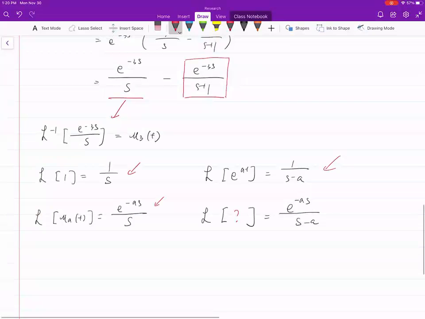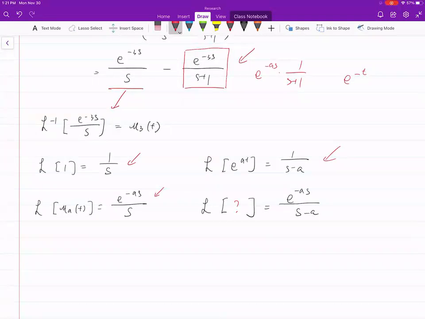Now we have something like this. What is this? It is 1 over s plus 1, which is something we know. This one goes to e to the negative t, right? Okay. Times another term, e to the negative 3s. And if I write down everything in this format, you can see this one has e to the negative as. This one has e to the negative as.